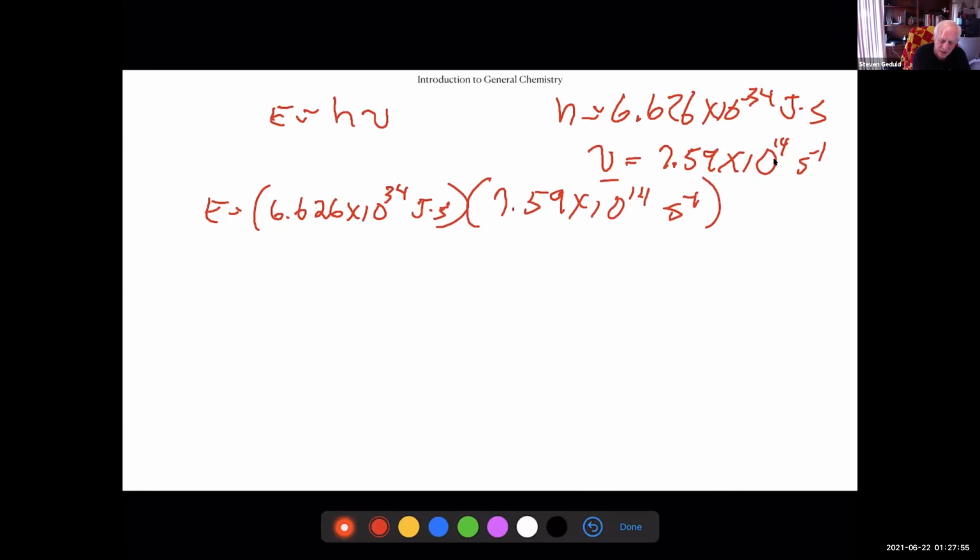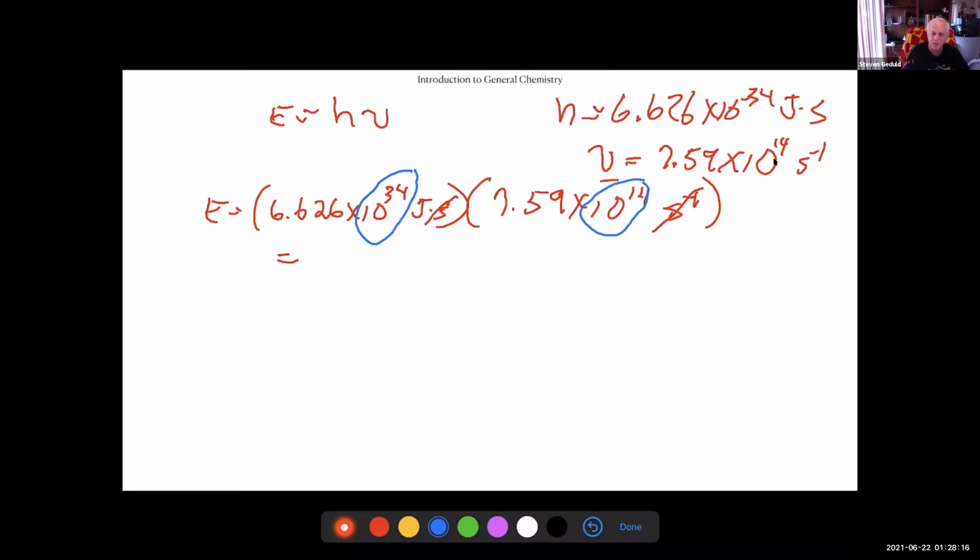You have a per second and a second, they cancel, and you're left with joules, which is what you want. Joules is a unit of energy. So to do those calculations, you take 6.626 times 7.59. Again, save your exponents for later, so circle them so you don't forget. And then do your exponents. Do that on a calculator or your iPhone.